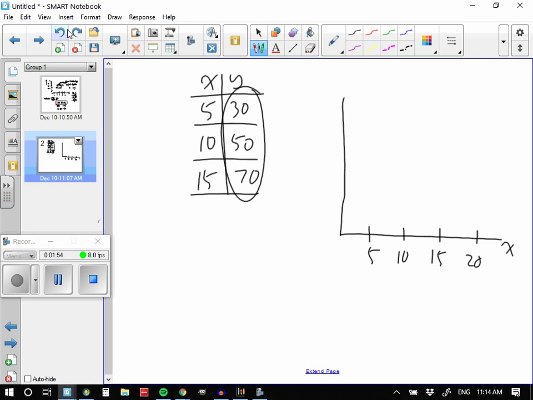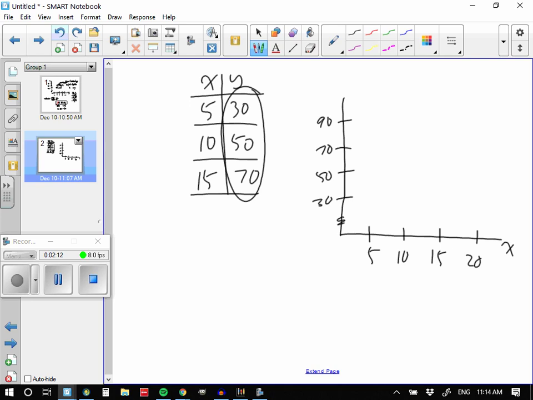But you could also have done it this way. You could say, I'm going to put a squiggly line here and then go 30, 50, 70, 90. So what you're saying is you're omitting 10 and 20 from that line. Okay, that's a possibility as well.